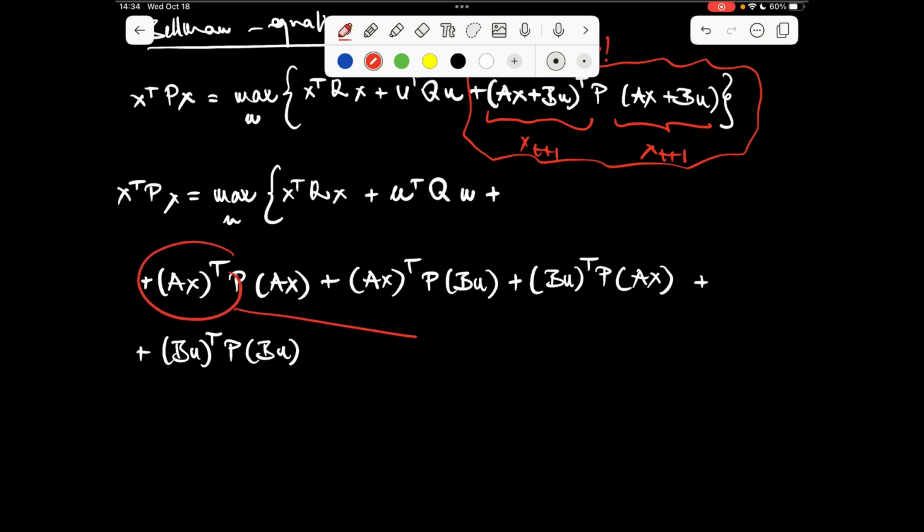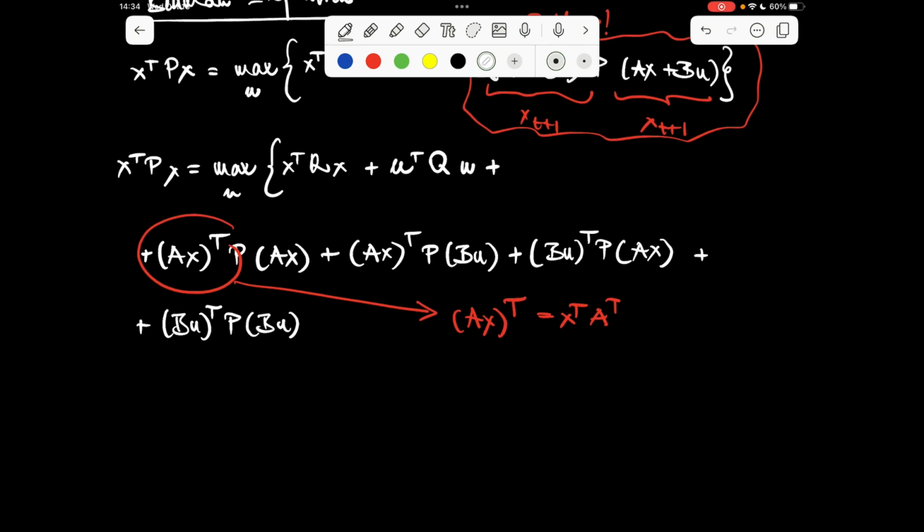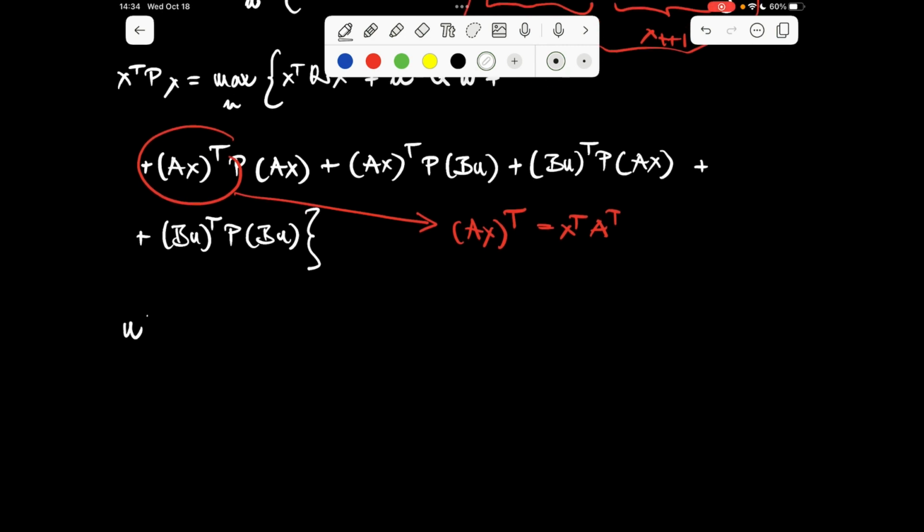Let me show you on this example. So we will use the fact that it can be rewritten in this form. This is one thing. And the other thing is in this expression, some parts have nothing to do with u, the control variable. So let's collect only those parts in which we have the control variable.